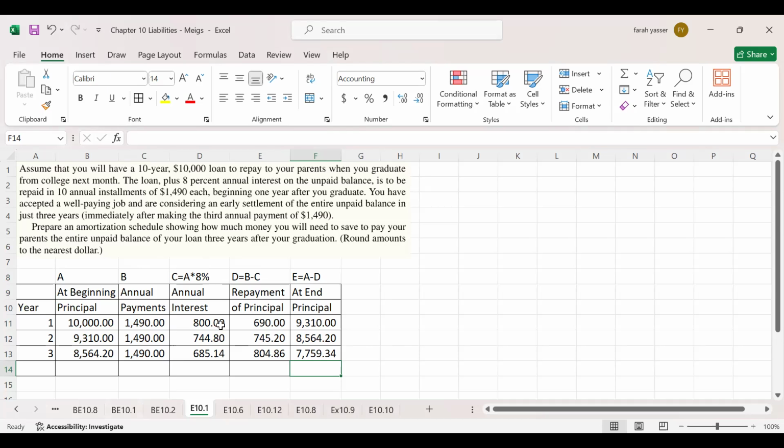As I mentioned earlier, this shows the annual payments, and the breakdown of this payment into interest and repayment of principal, along with the remaining or ending balance. This table is useful both for the lender and borrower to understand how the loan will be repaid over the period of time.